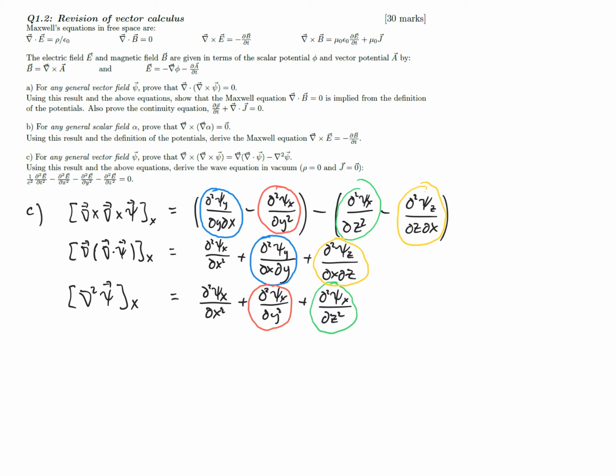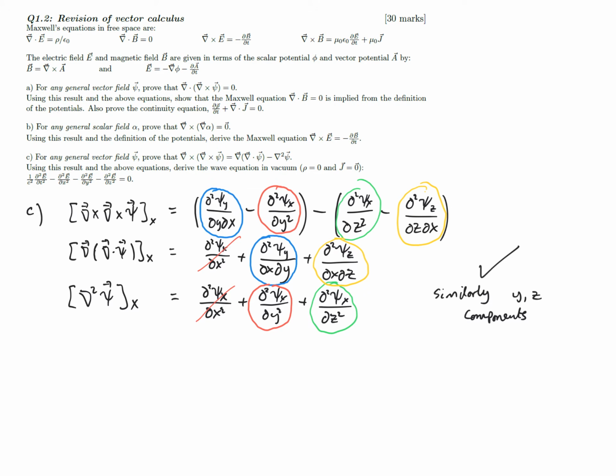And then, finally, we have that this term cancels with this term because of the relative minus sign between these two things. So again, this all definitely does work out. And it's exactly the same story for the y and the z components. And I won't bother to prove that, but you can try that if you like, just to convince yourselves.